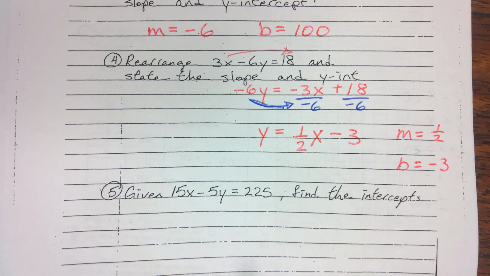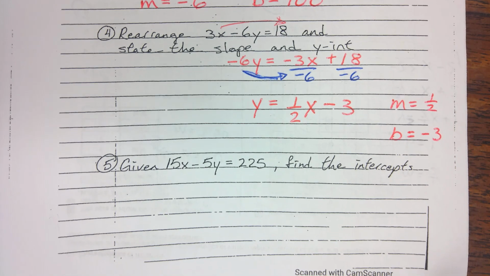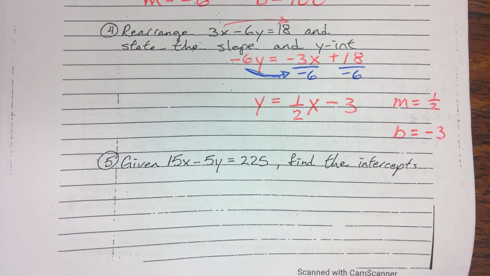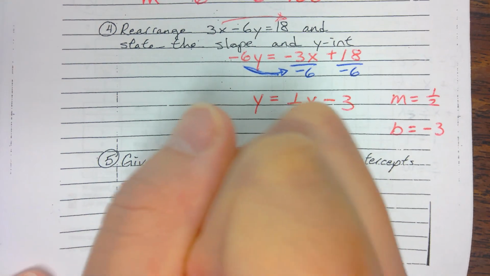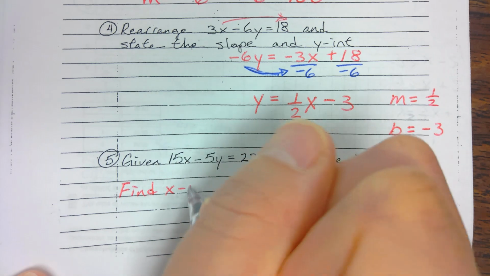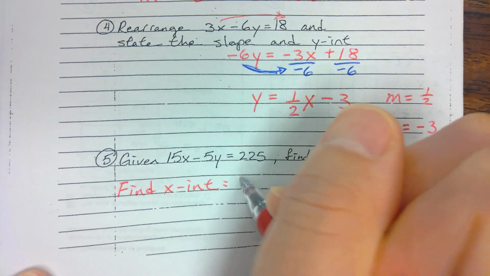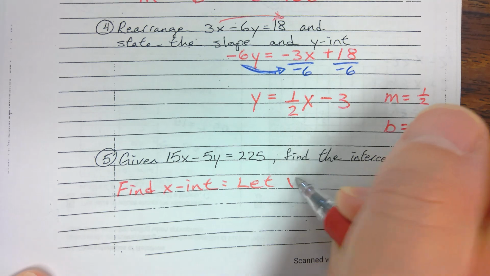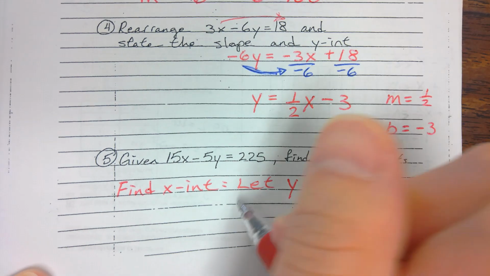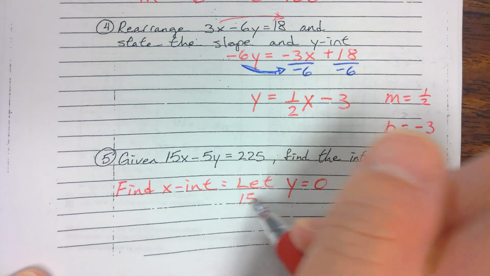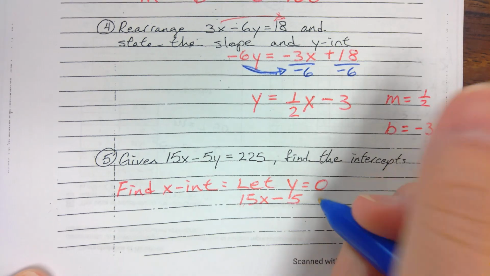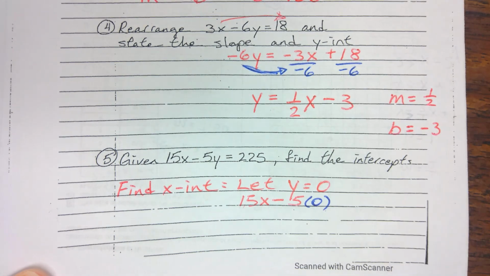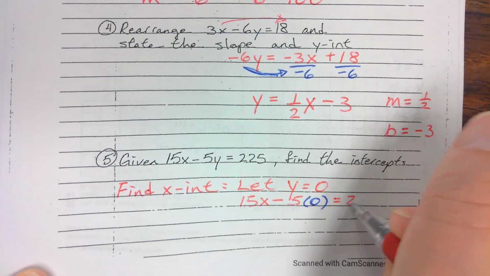Number 5. Find the x and y intercepts. Cindy? So to find the x-intercept, you have to make y equal 0. Right. So 15x minus 5 times 0 equals 225.